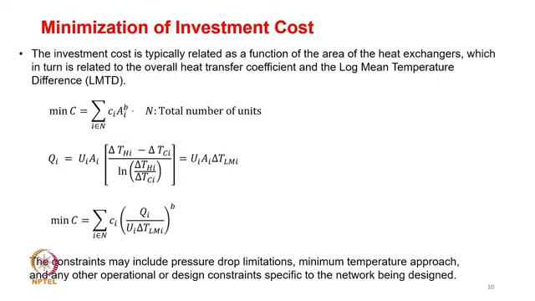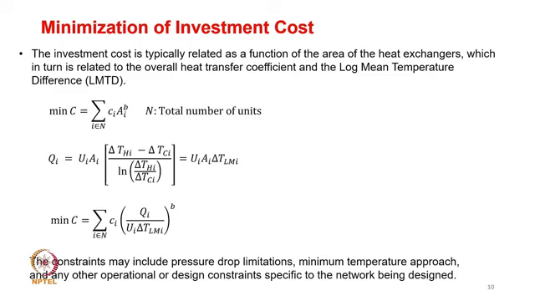So how do we define this? Let's assume that the function that relates area to the cost is a to the power b, where b is a constant, and you have n such units: sigma ci ai^b. We have to sum it over n number of units.